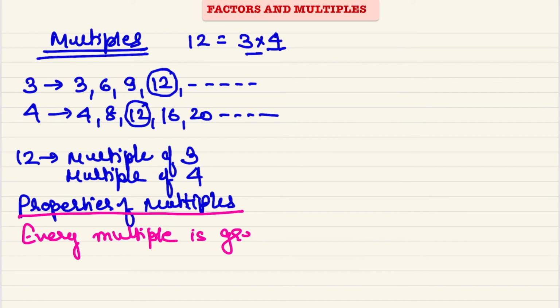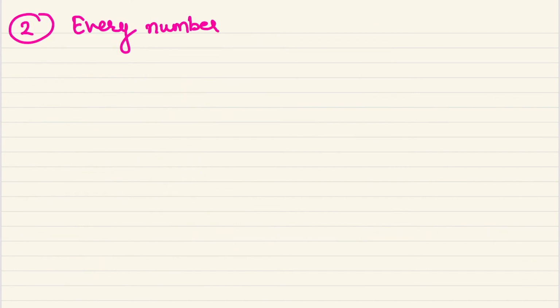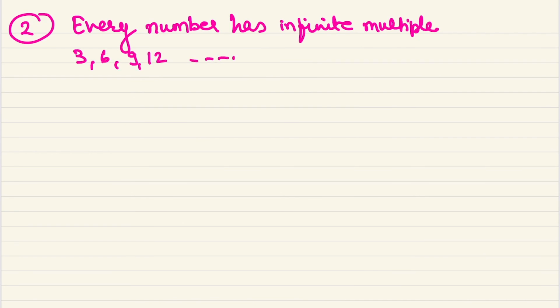So we have seen here the multiples of 3: 3, 6, 9, 12. All the multiples of 3 are equal to 3 or greater than 3, right? A number has infinite multiples. So we can write infinite multiples of 3, right? 3, 6, 9, 12 and so on. And every number is a multiple of itself.